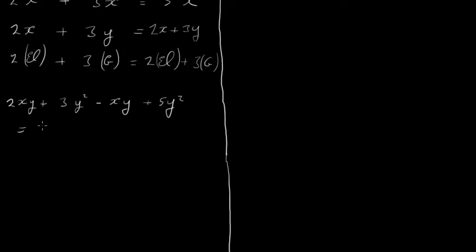So I need to look for things that are similar so that I can add them. Like the elephants, I need to add elephants to elephants. I need to add giraffes to giraffes. It's exactly the same here. So you're looking for like terms. So let's have a look at what we've got to start with. Well, we have an xy, and we have 2 of them.